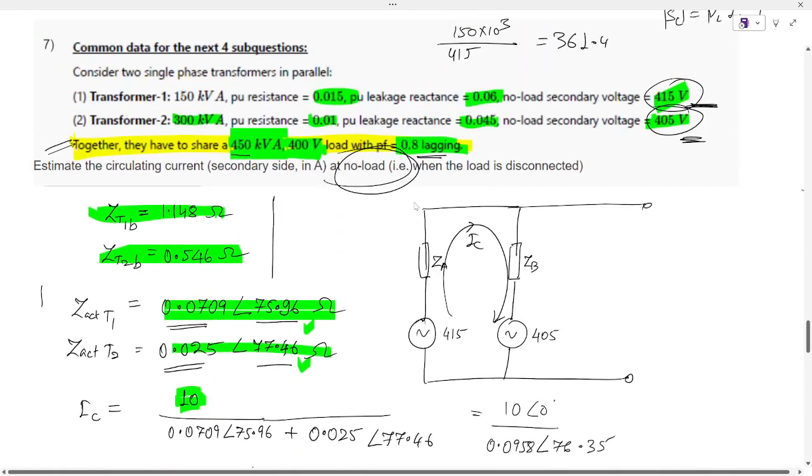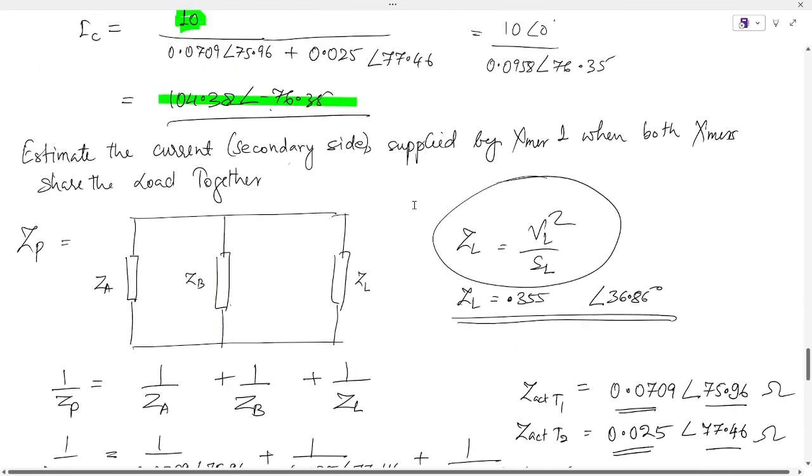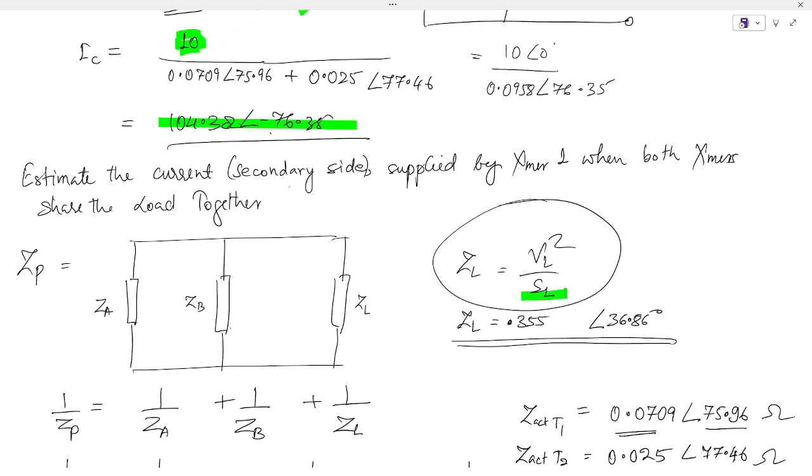So what will be the load impedance? ZL can be found by VL square by SL. We get the load impedance as 0.355 at an angle 36.86.